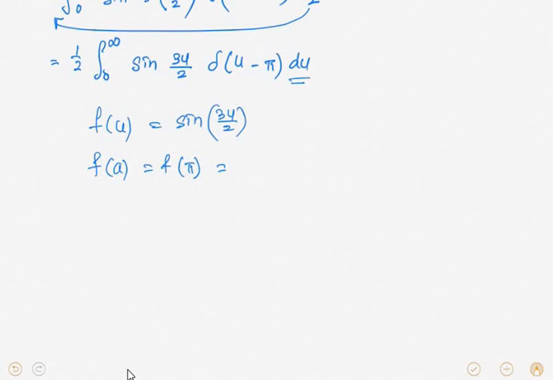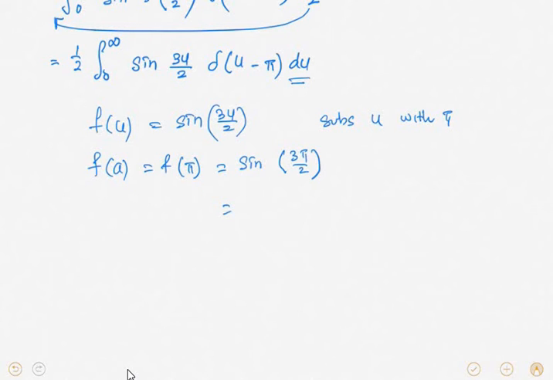So this one will equal to sine, you substitute the u with pi, so it's sine 3 pi over 2.